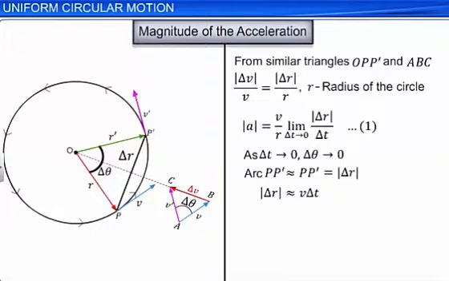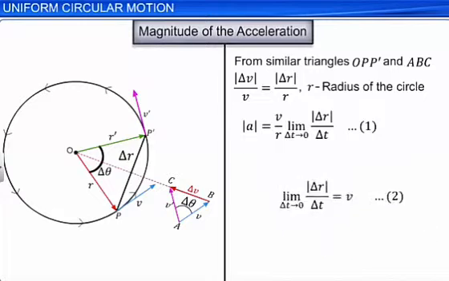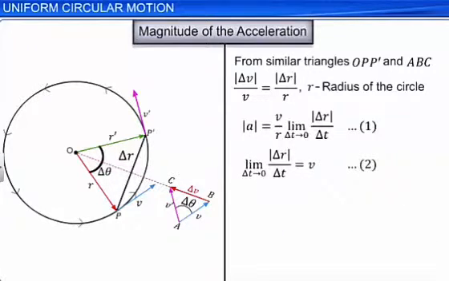This can be written as |ΔR|/Δt is approximately equal to V, which implies the limit as Δt approaches 0 of |ΔR|/Δt is equal to V. Let this be equation 2. Substituting equation 2 in 1 and simplifying, we get A is equal to V²/R. Let this be equation 3.